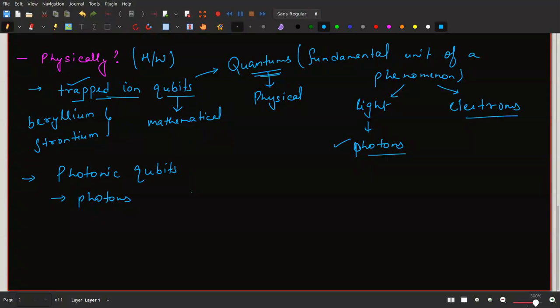Now one more important question is there: what kind of quantums can be used to implement qubits?